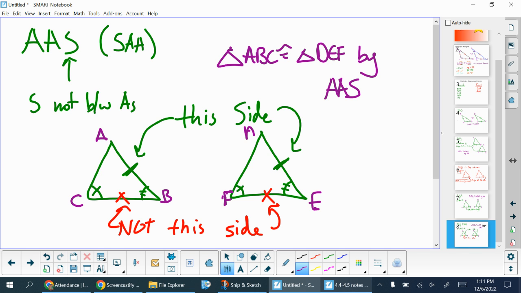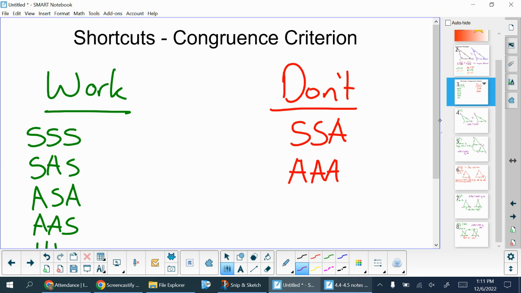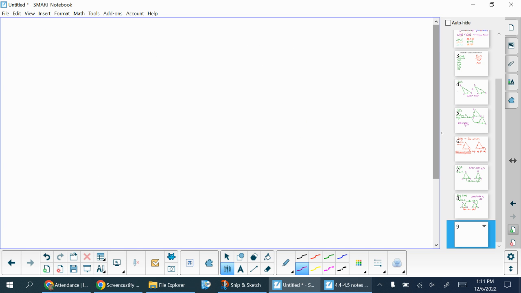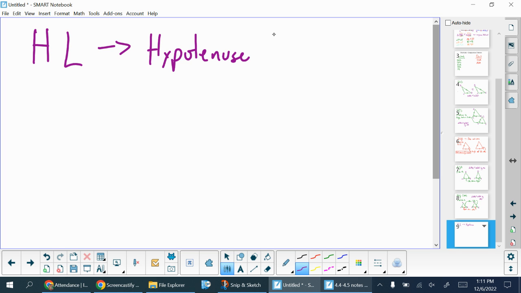Okay, then our last one, you probably wouldn't guess this by just the name, is a little bit different. This one only has 2 letters, but that really doesn't mean that there's only 2 things. There's still 3 things here, because when we say HL, we mean hypotenuse, leg.